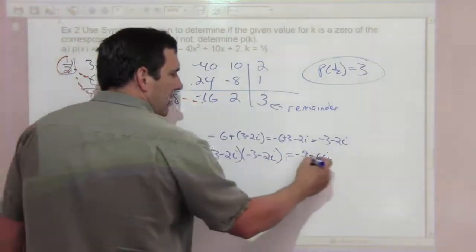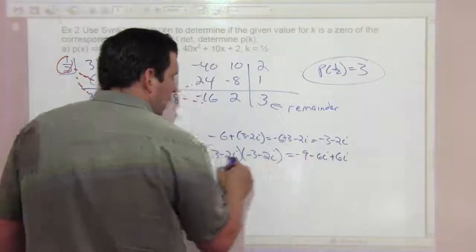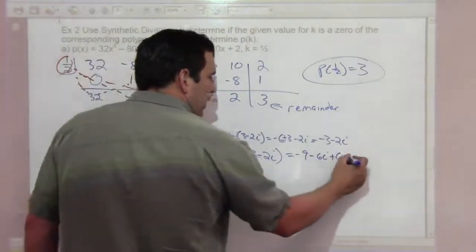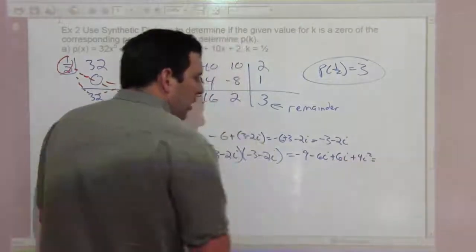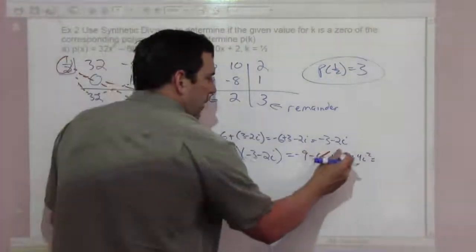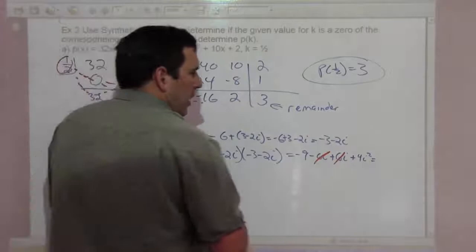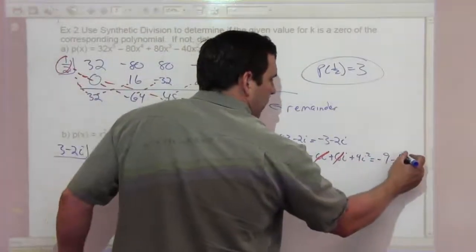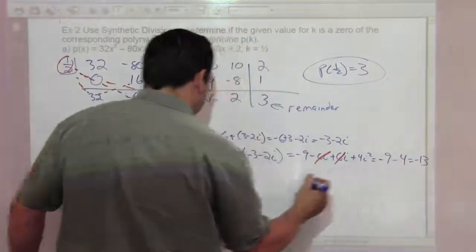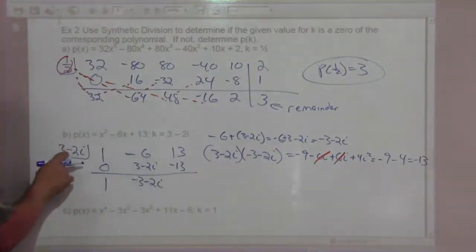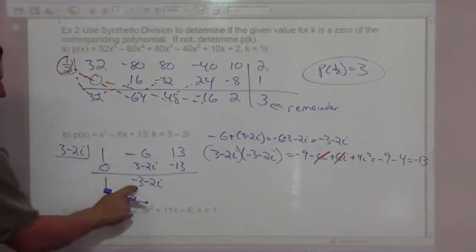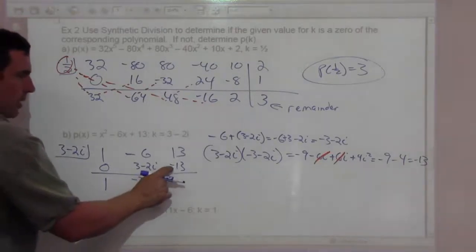Negative 2i times negative 3 is plus 6i. Negative 2i times negative 2i is plus 4i squared. The middle stuff, of course, goes away. We have negative 9 minus 4, or negative 13. So by multiplying 3 minus 2i times negative 3 minus 2i, we get negative 13.